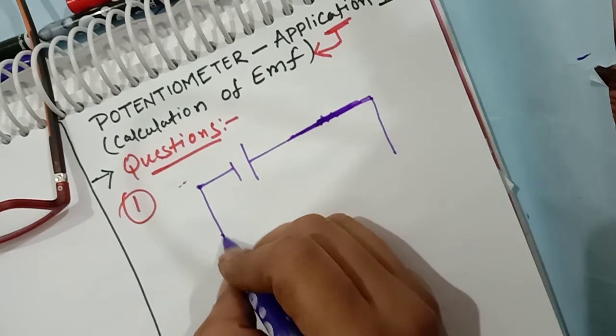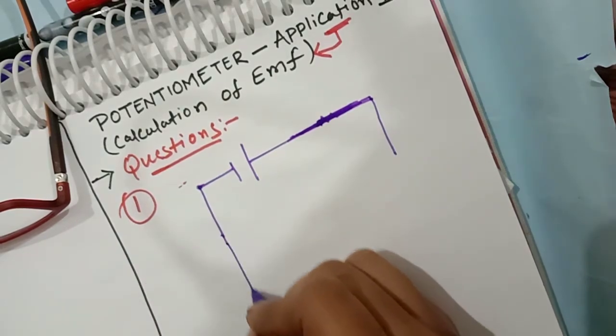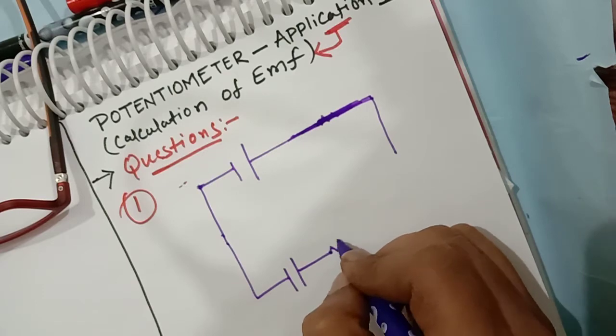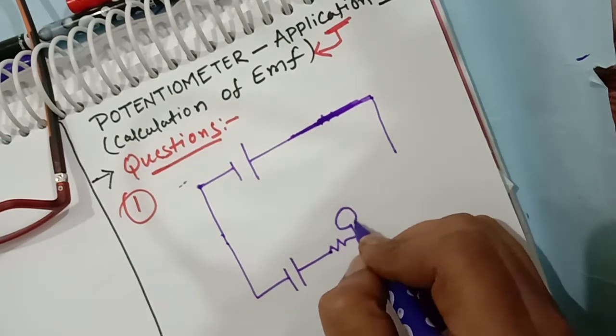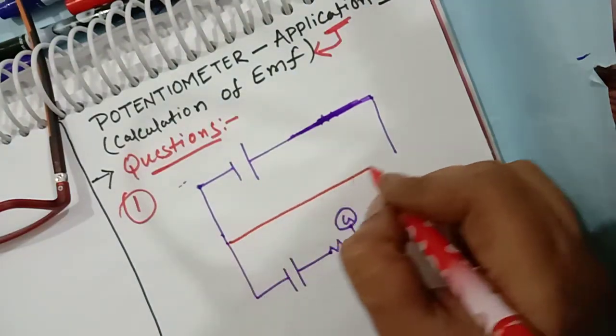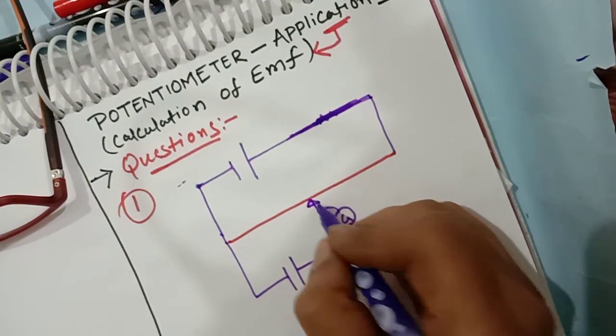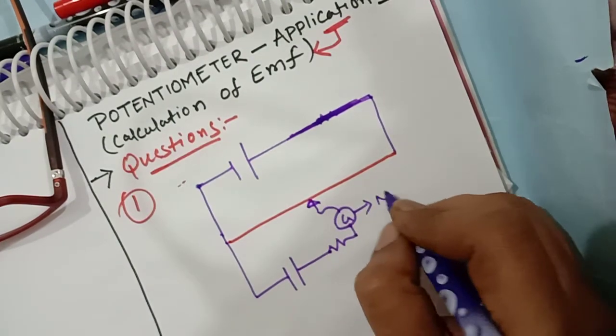Now there is another cell which has some internal resistance. It is connected to a galvanometer and there is a potentiometer wire, by which we connect it and see the null point. Now it is showing the null point over here.